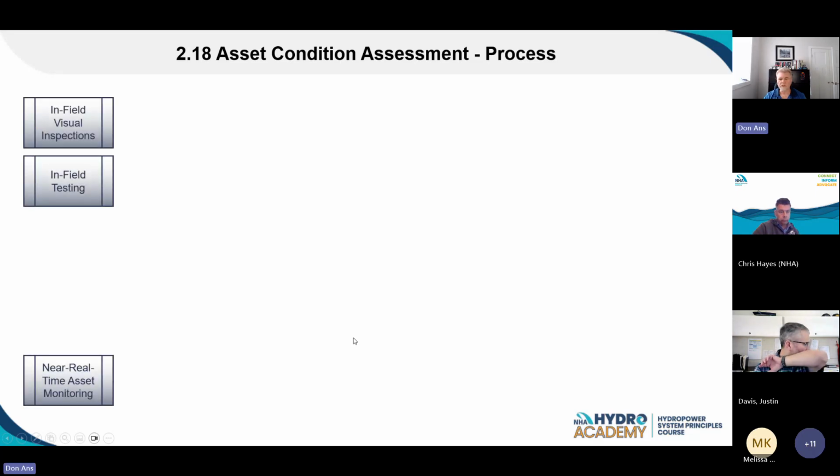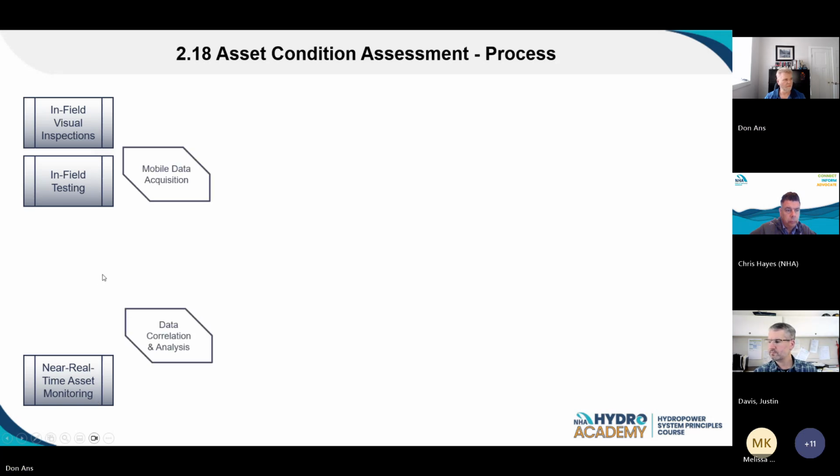So this will give you the process for how asset condition assessment occurs. Typically in the plant, you're going to have people doing in-field visual inspections or testing, or you would have near real-time asset monitoring. So some systems will actually have asset monitoring in place. Most companies are moving to mobile data acquisition for their in-field inspections.